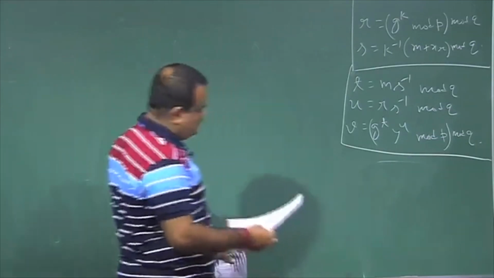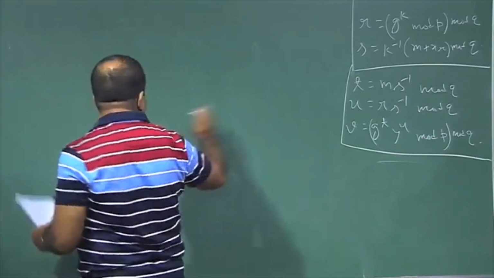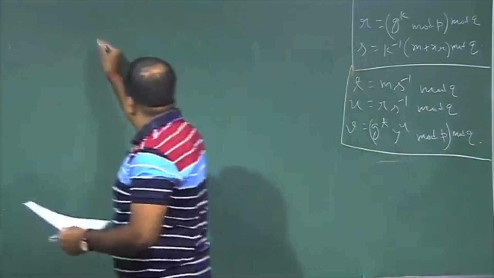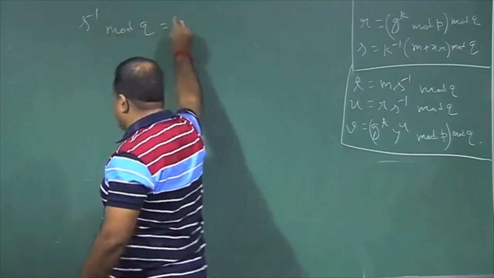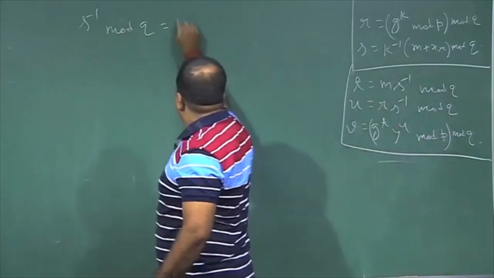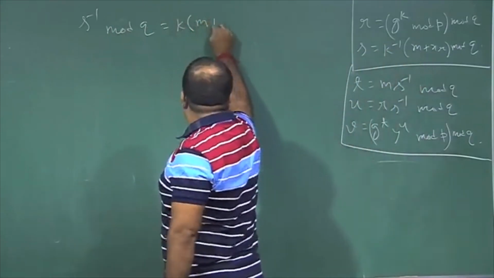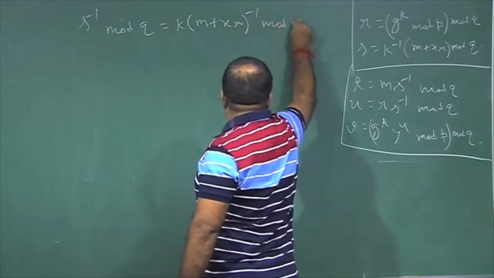Okay. So, S is this. So, if we take S inverse mod q, S inverse mod q is the same as, so this is k inverse, this inverse mod q. So, k into (m plus xr) inverse mod q. Okay.